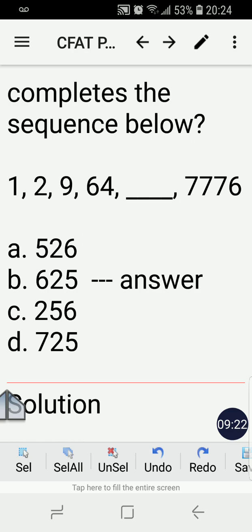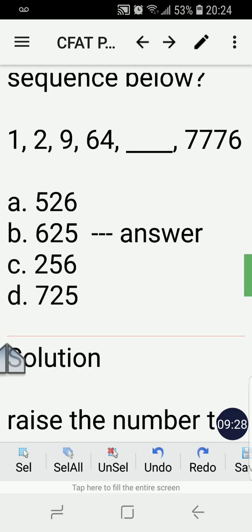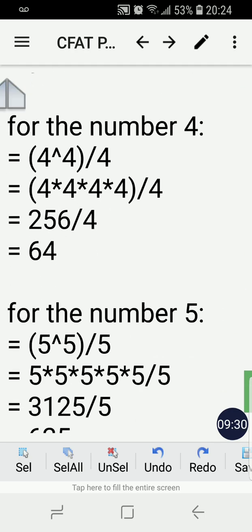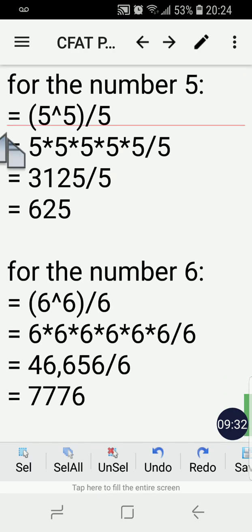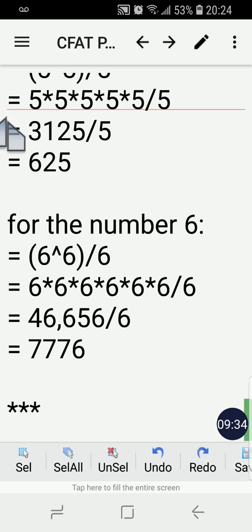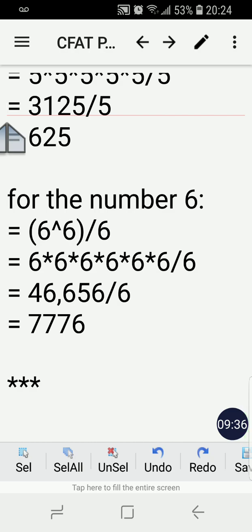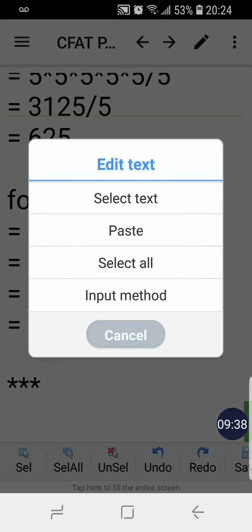But we still need to prove that 7776 is the next number in the sequence. So how did we get 7776? We just go for the number 6.